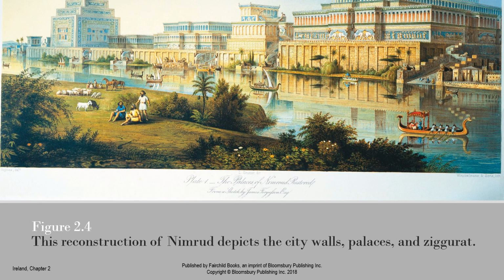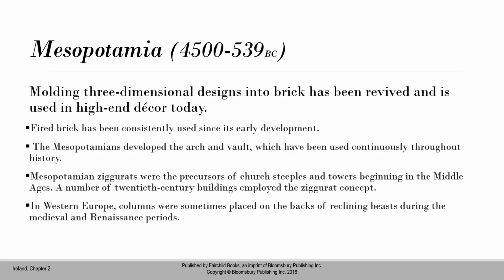The Babylon of Nebuchadnezzar showed the first urban planning, with raised, paved processional ways, or dromos, which is what we kind of know as an avenue. Impactful things that we know come from the Mesopotamian region are fired brick, the development of the arch and vault, as well as ziggurats.